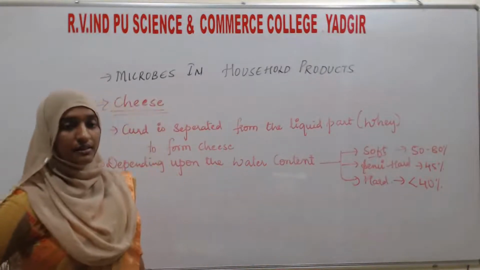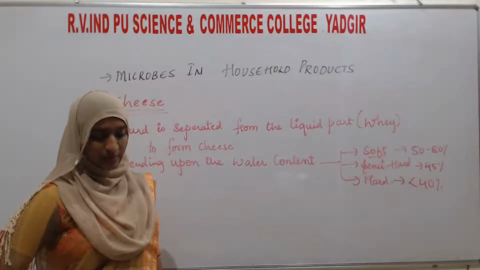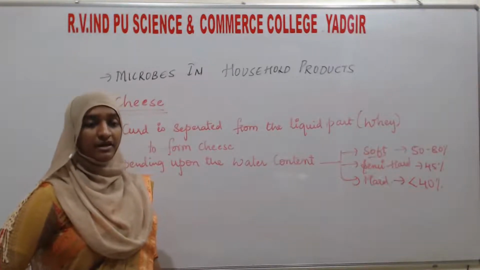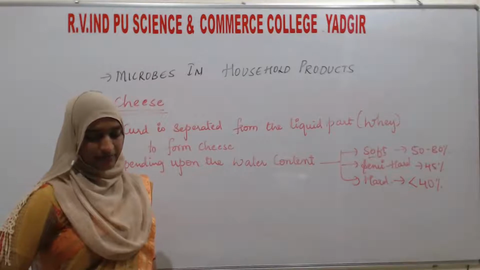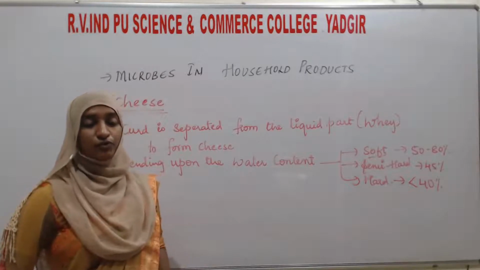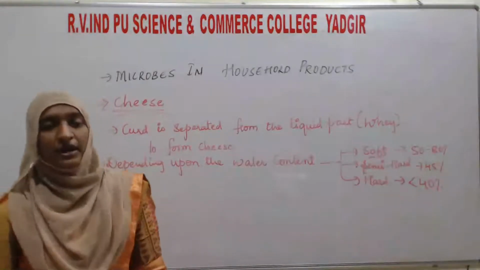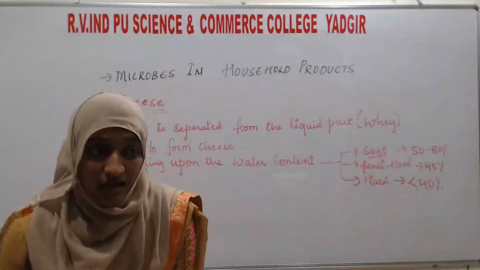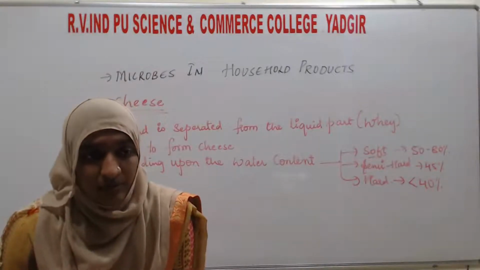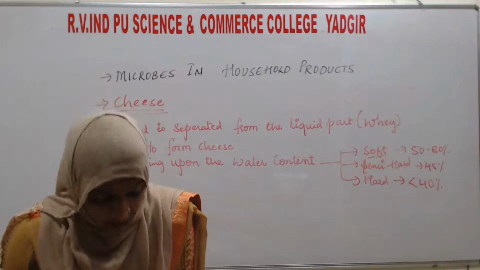One more thing: raw cheese is prepared by curdling of milk by lactic acid bacteria. Here the cheese is of two types, the ripened cheese and the unripened cheese. What do I mean by ripened and unripened cheese?